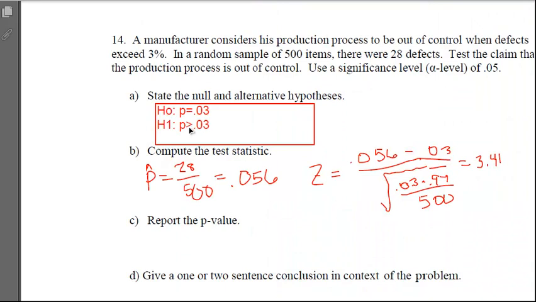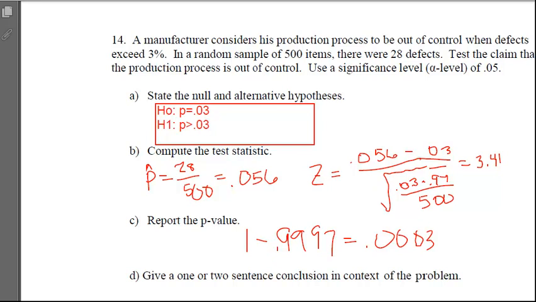However, you want to subtract from 1 because this is greater than. If this is greater than, you want the area to the right. And so I take 1 minus 0.9997 to get a p-value of 0.0003. So 0.0003 is my p-value.